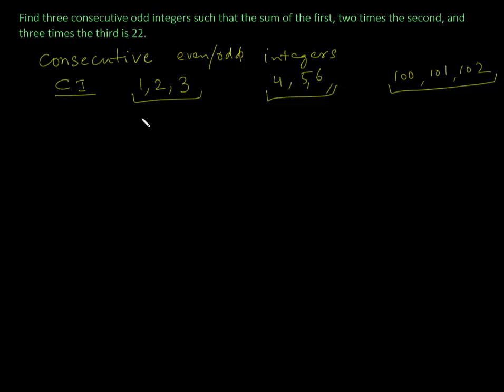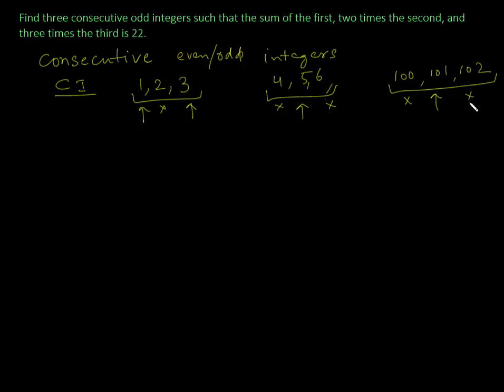But if we look carefully, in the first group, 1 and 3 are odd, but 2 is even. In the second group, 4 and 6 are even, 5 is odd. And in the last group, 100 is even, 101 is odd, 102 is even.